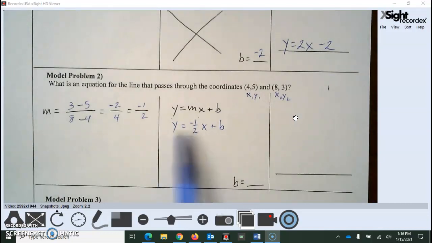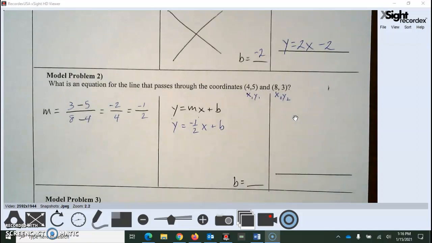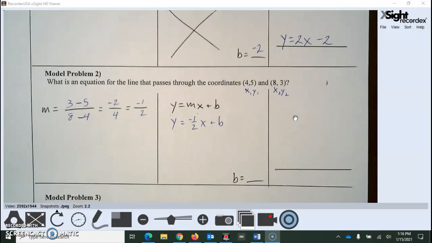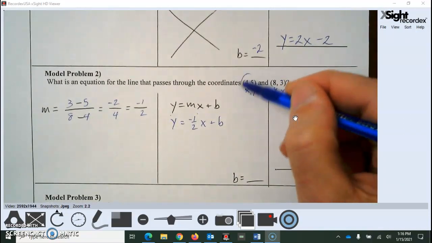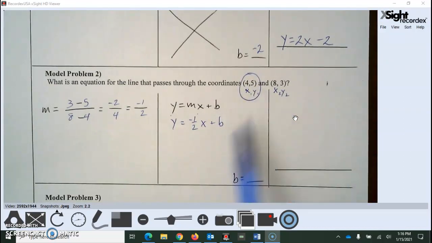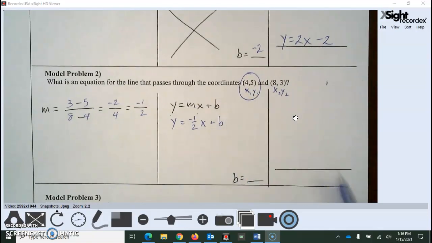I'm going to fill in numbers for x and y. Look, I have an x and y right there, and an x and y right here. So which two do I use? It doesn't matter. You will get the same answer. So I'm just going to pick this point. That means the 4 I'm going to replace this x with, and the 5 I'm going to put in for y.